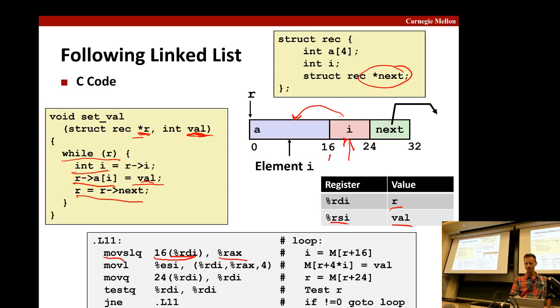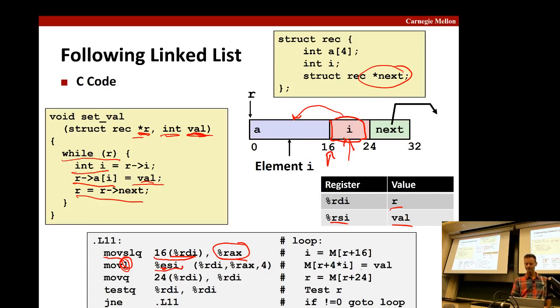R is here, 16 plus R is here, and so that has the effect of fetching this I and sticking it in this register. Now we're going to take the val, which is in RSI. Because it's only an int, we know it's only going to use up the first 4 bytes, so we use the shorter form, the long, and we use ESI, which is the lower half of RSI.